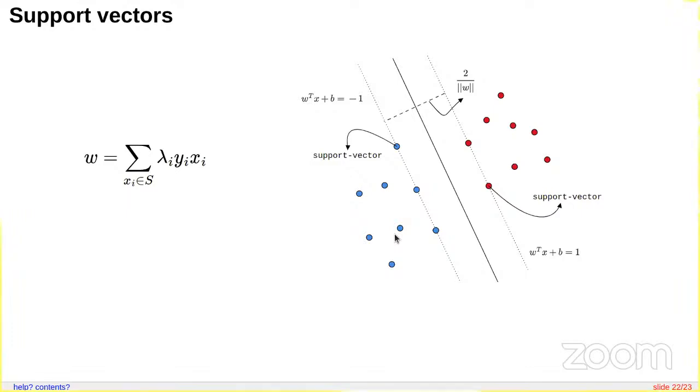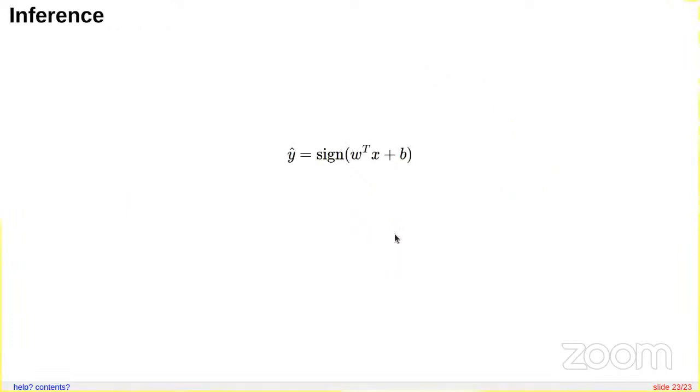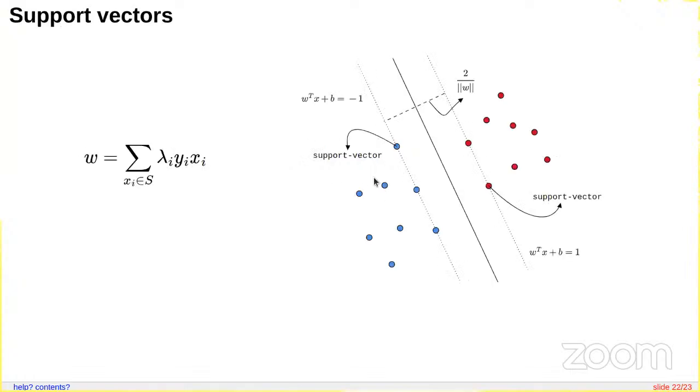Yeah, exactly. Right. So the other advantage is during inference time. During inference time, you want the sign of this, right? So what you can do is throw away all these points and only retain the support vectors for inference. Right. So that's a memory and computation saving.